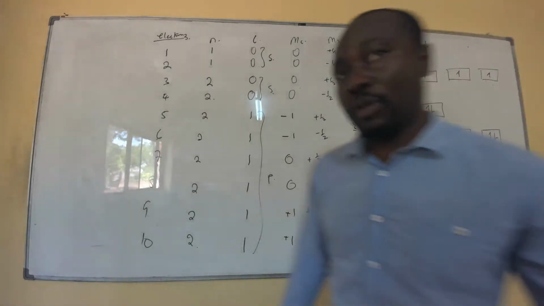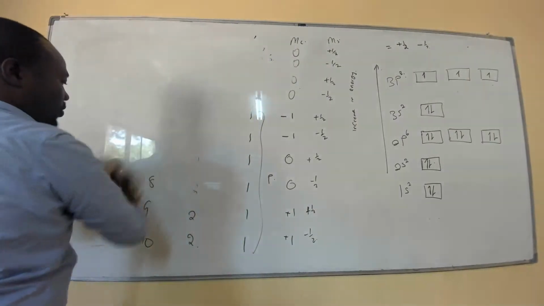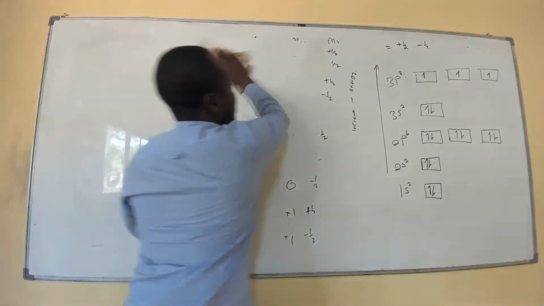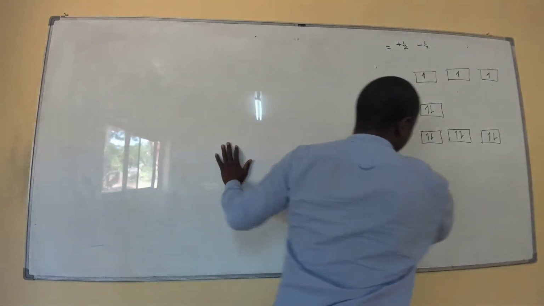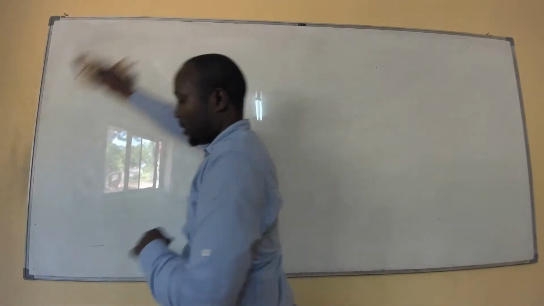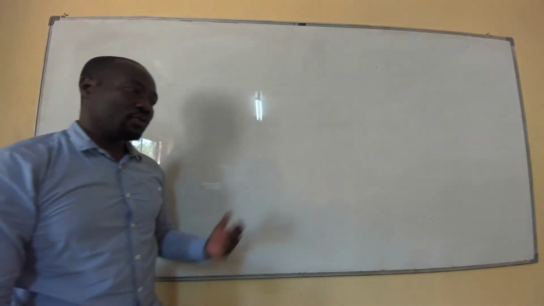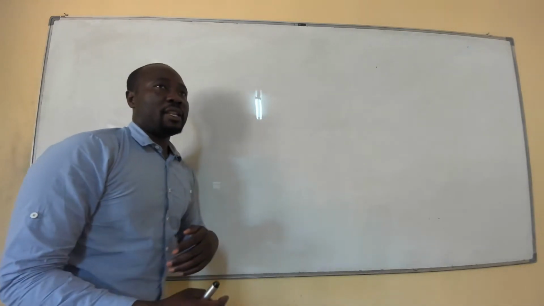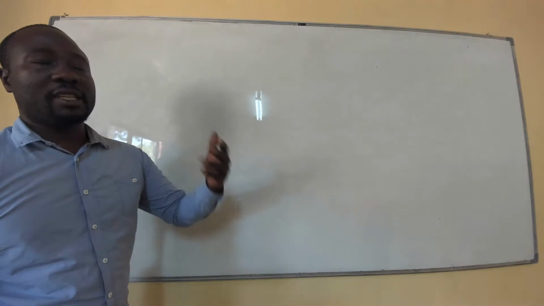Okay, so with this let's look at electronic configurations and how you configure electrons. So the question is, in the electronic configuration, how would you know that the 1s comes before the 2s, then the 2s comes before the next one?